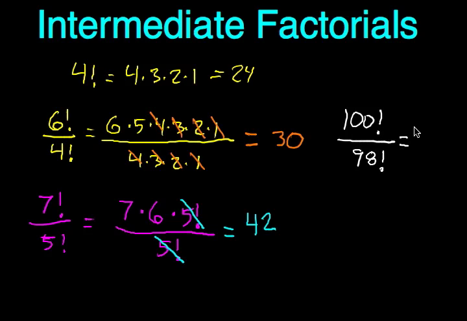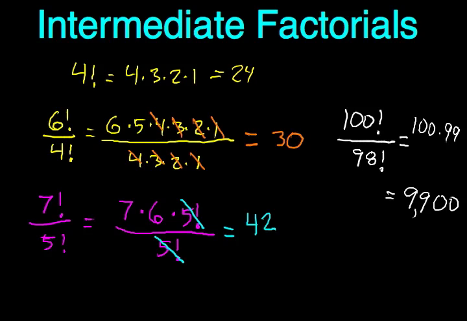But to save time, we're going to do 100 times 99 times 98 factorial. The 98 factorials will cancel out, and we're left with 9,900. So 100 factorial over 98 factorial is 9,900.